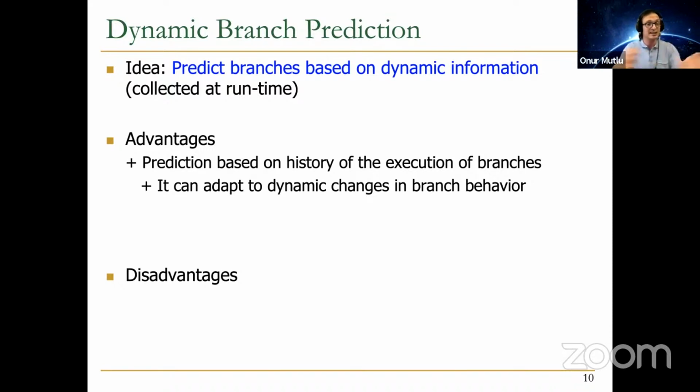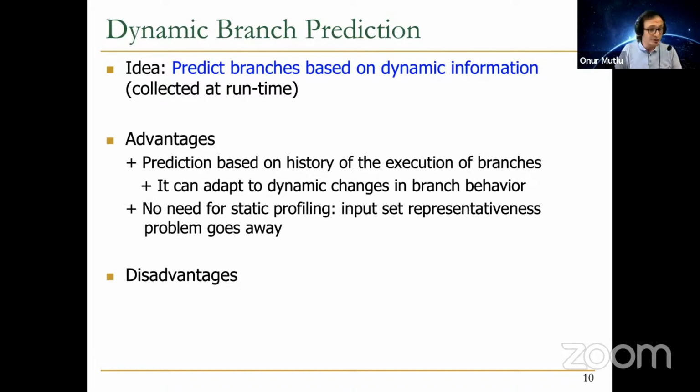If a branch is taken in the first 50% of the execution, and then changes behavior and becomes not taken in the remaining 50% of the instances, you can easily identify this dynamically, whereas you cannot do that if you have only a single bit saying this branch is likely taken or likely not taken. Also, it gets rid of the static profiling problem. Basically, the input set representativeness problem that's associated with compilers or programmers goes away. You don't need to profile the code because you are looking at what's happening during the execution of the real program with the input set that the real program is given.